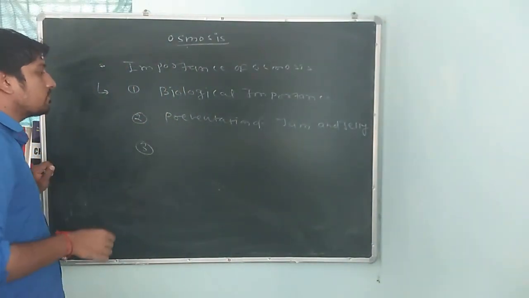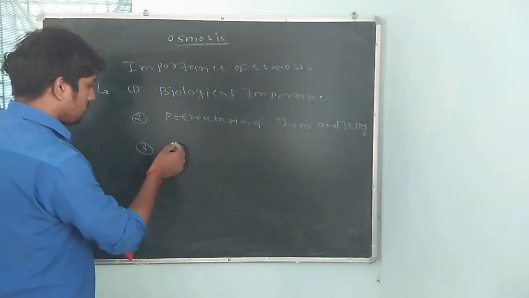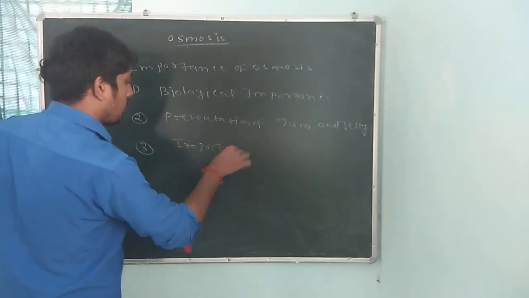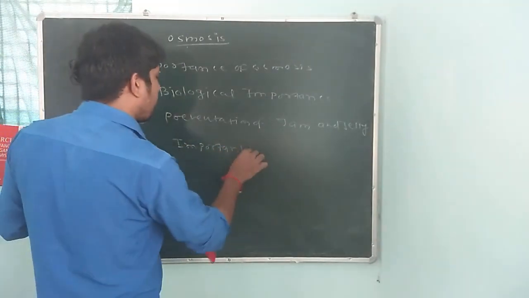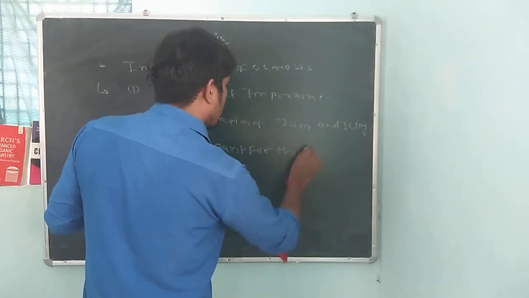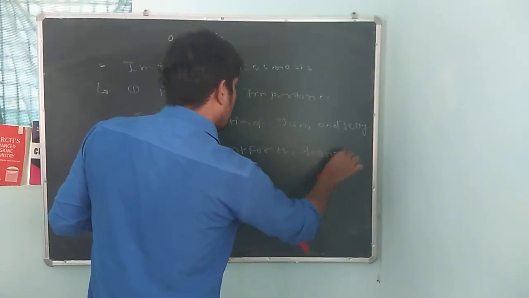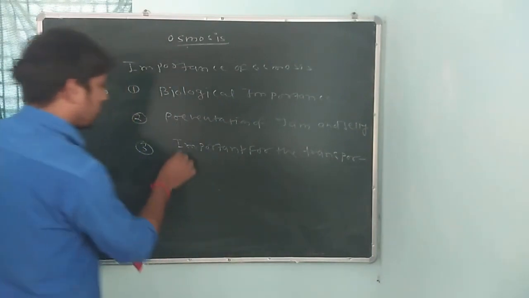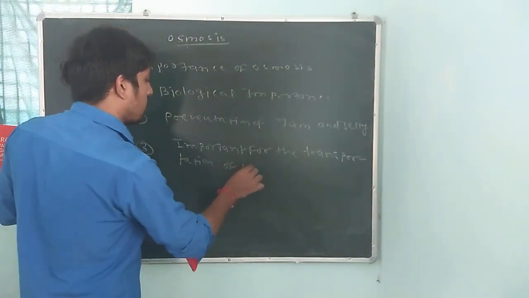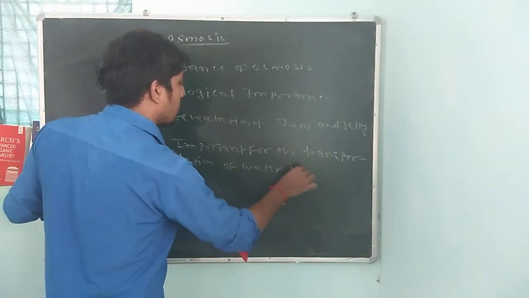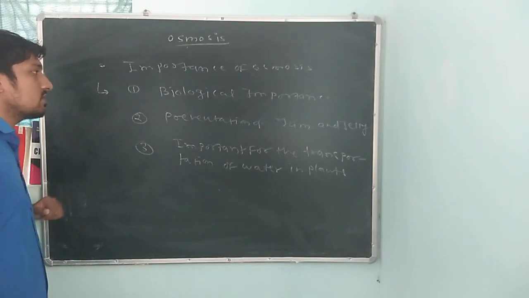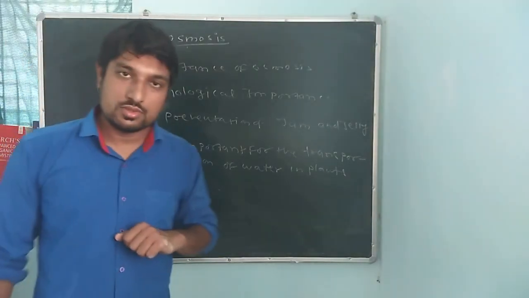Third one is important for the transportation of water in plants. So this is the importance of osmosis.